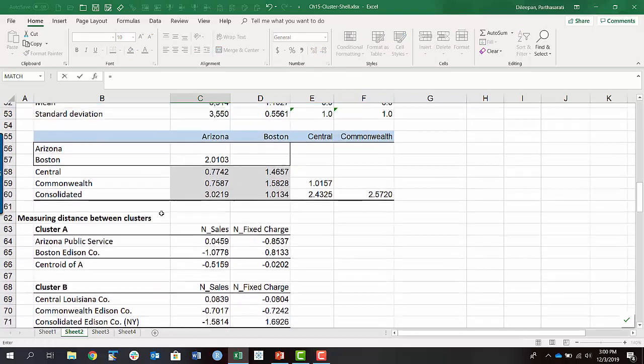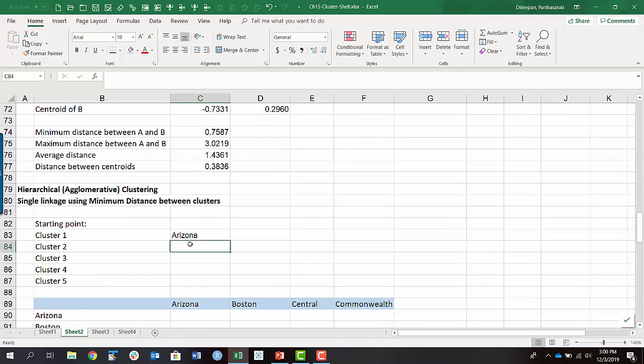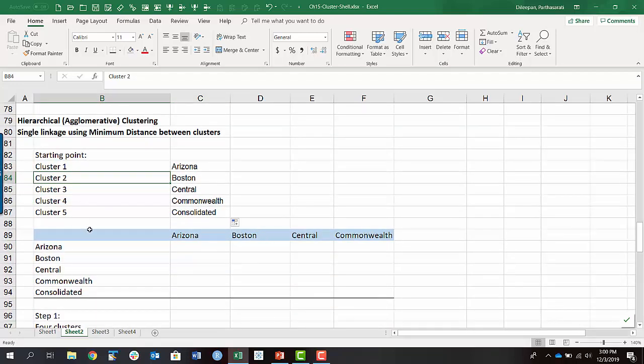So each one is a cluster. Let's assume that we are going to be doing single linkage. That means we want to look at the minimum distance between each cluster, because there is only one observation in each of them.